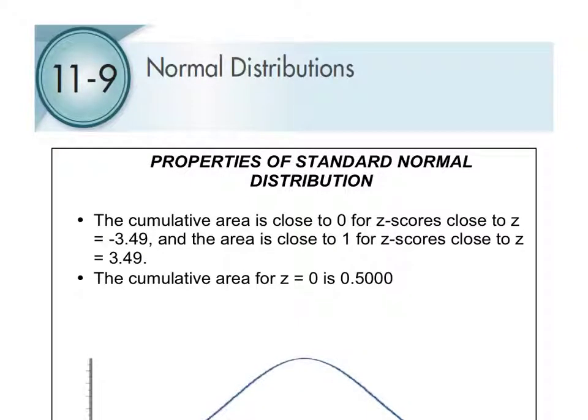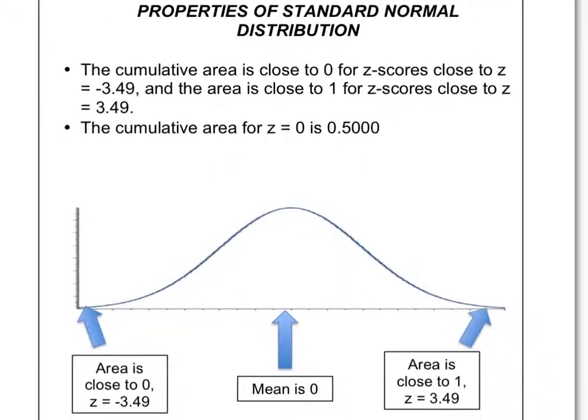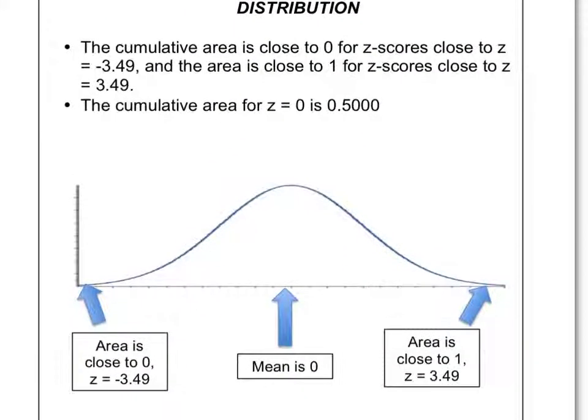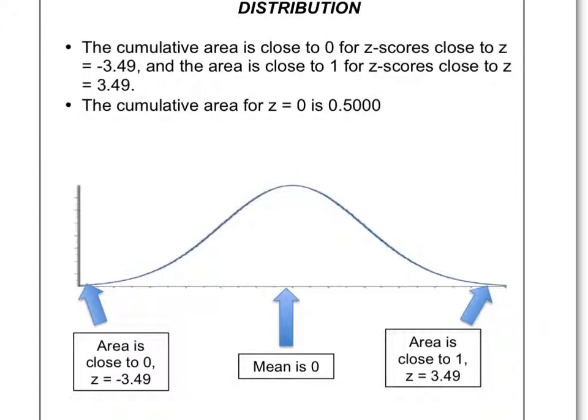Now let's talk about some properties of a standard normal distribution. The cumulative area is close to 0 for z-scores that are -3.49. It's like reading this from left to right, as a number line. The area over here is at 1.